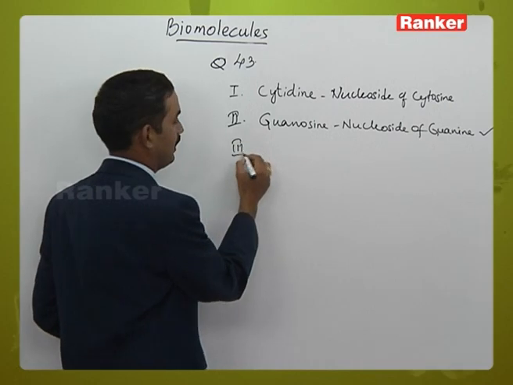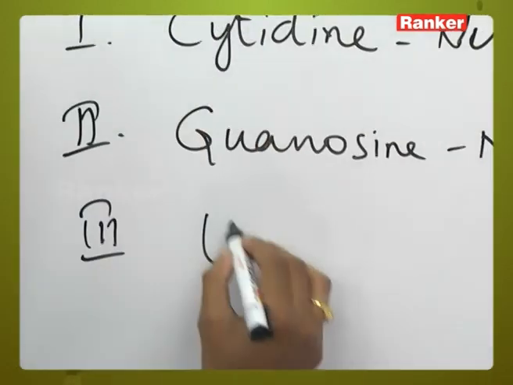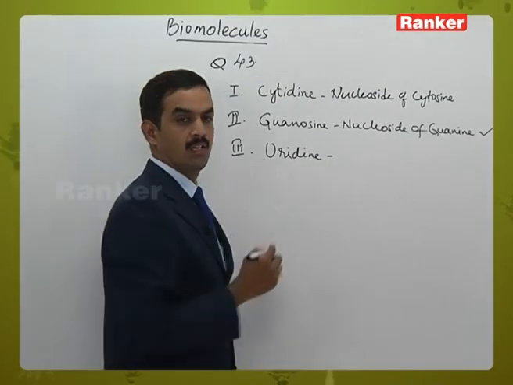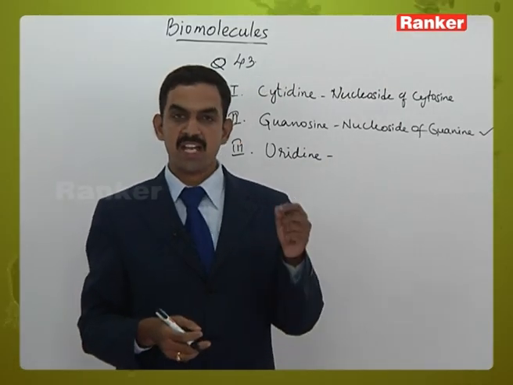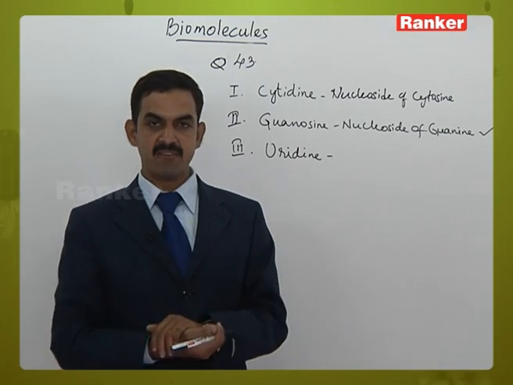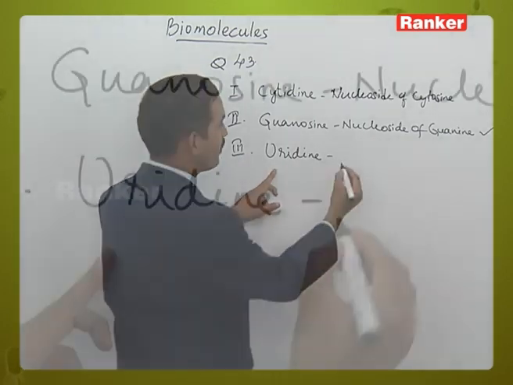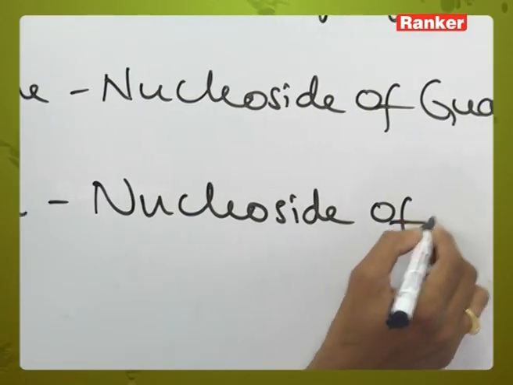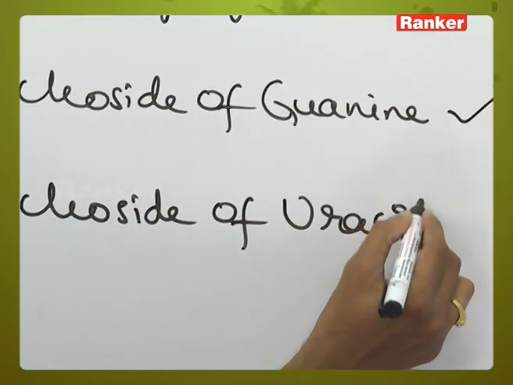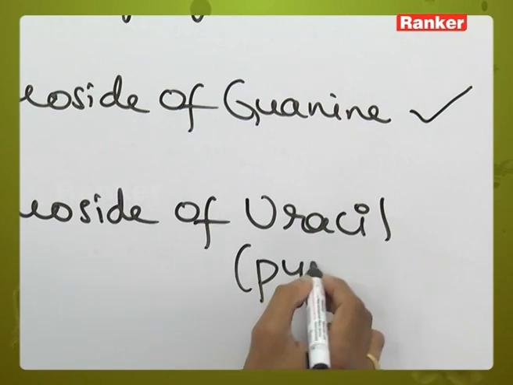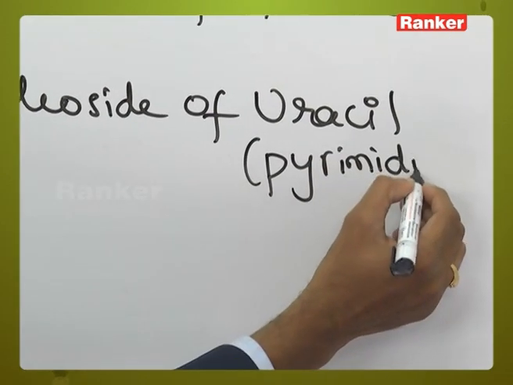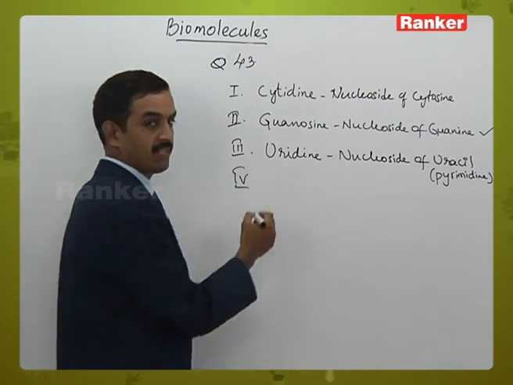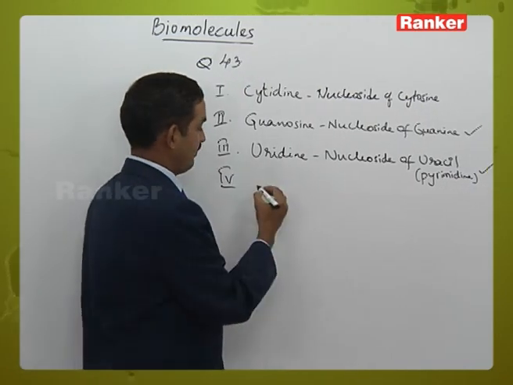Then the third one is uridine. Uridine is given as a nucleoside of a pyrimidine. Actually, uridine is a nucleoside of uracil, and uracil is a pyrimidine. That is correct. Then the fourth one, adenine.